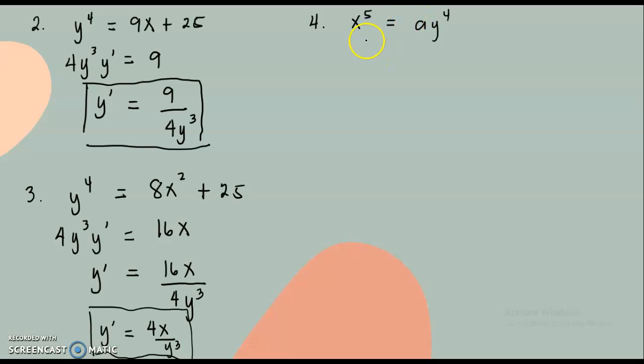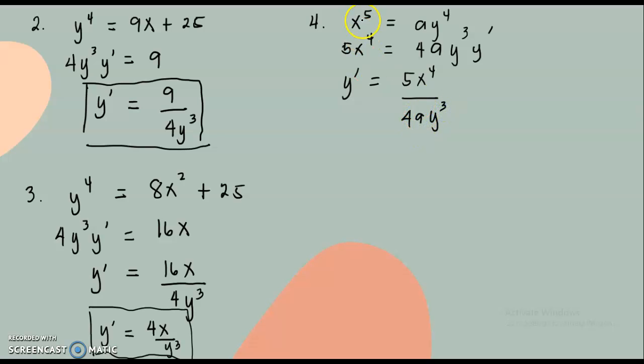Given is x to the fifth equal to ay to the fourth. Therefore, we have 5x to the fourth is equal to 4a y cubed y prime. And then this one is y prime is equal to 5x to the fourth over 4ay cubed.